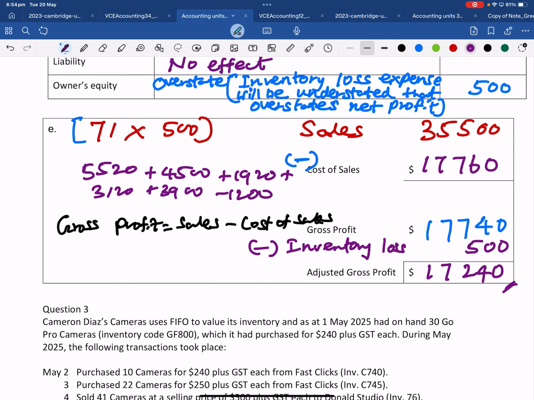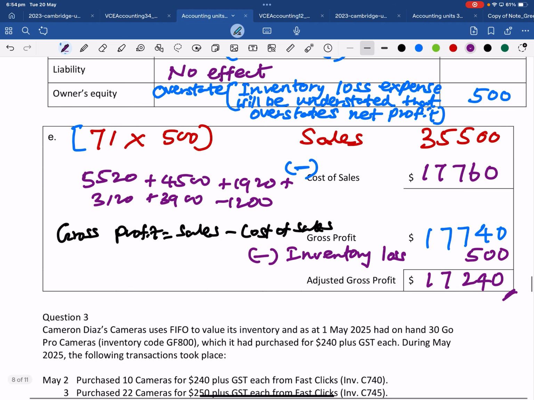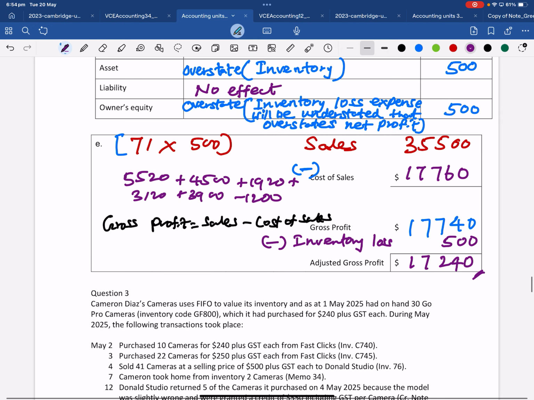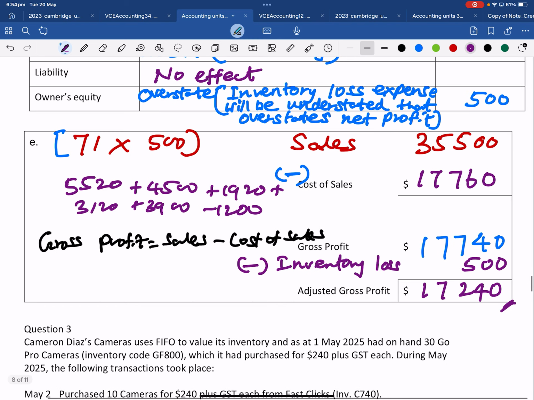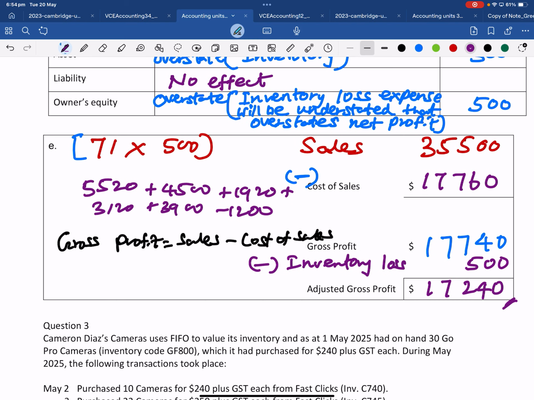Okay guys, now any questions up to now? Now in part D, you know what we did? Did I show you the income statement last time? No? Okay. Do you remember we did the income statement in unit 1?